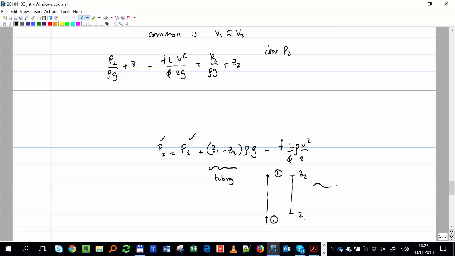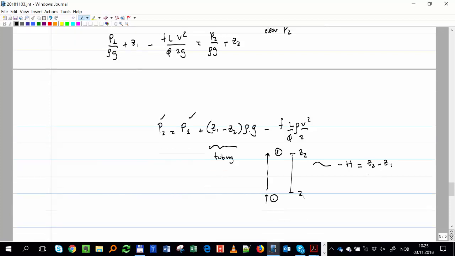a negative number, okay? That gives you minus H is equal to Z2 minus Z1. Sorry, Z1 minus Z2. That's what you have in the equation. Okay, H is the height of the tubing.